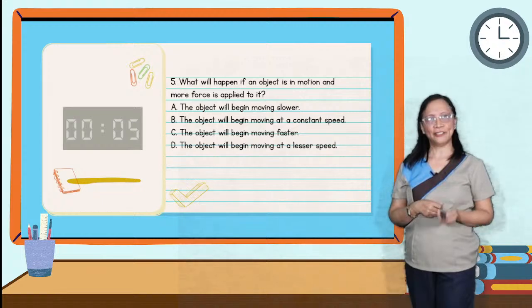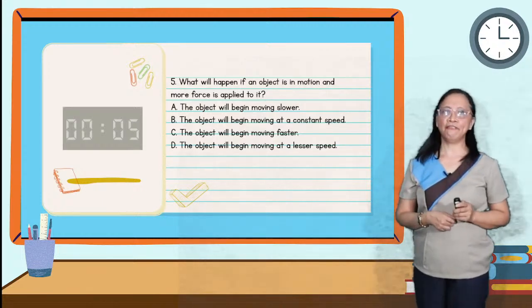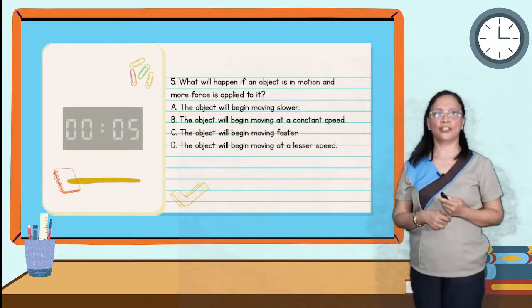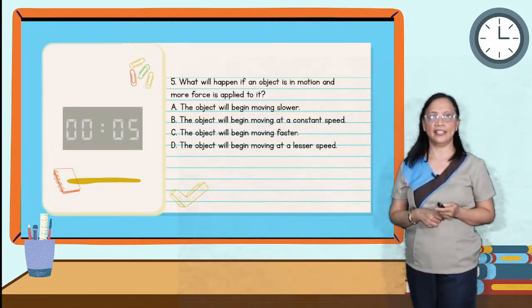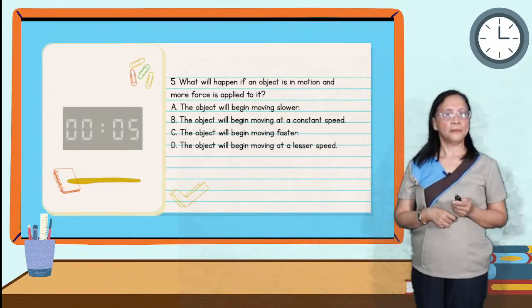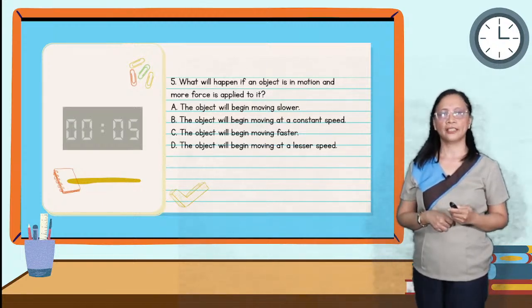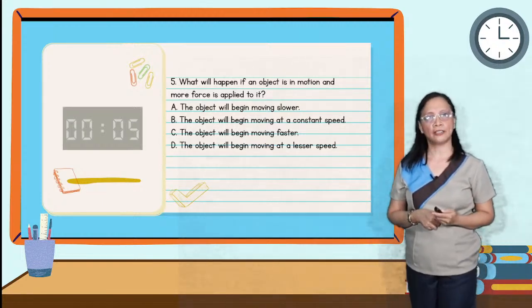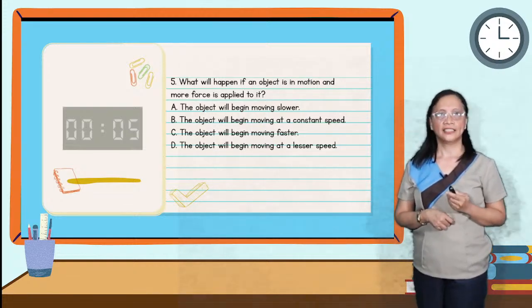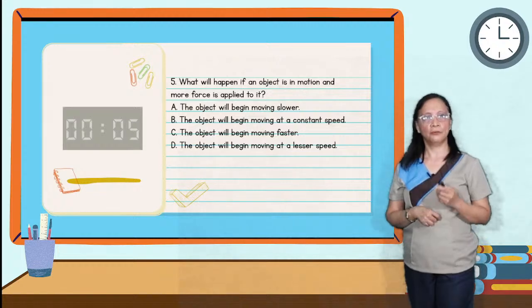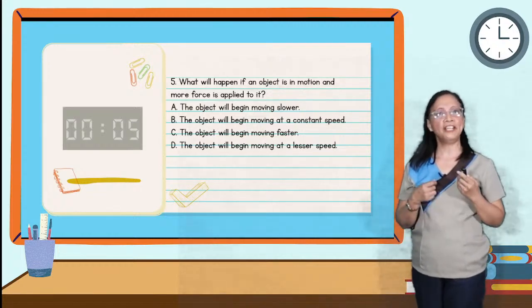And the last number, what will happen if an object is in motion and more force is applied to it? A, the object will begin moving slower. B, the object will begin moving at a constant speed. C, the object will begin moving faster.